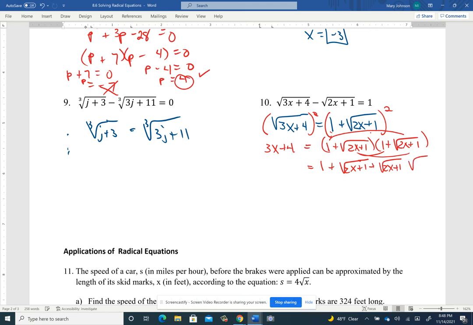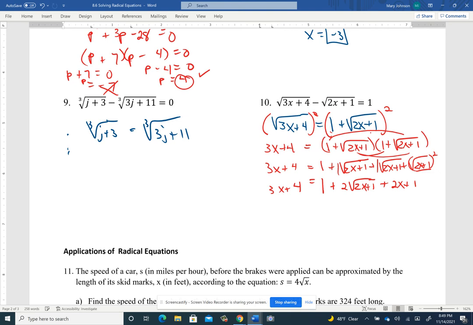That's going to be this times itself. On that right-hand side, I'm going to have 1 plus 1, 2 of these, plus 2x plus 1 without a radical on it. Okay, let me bring down that 3x plus 4.